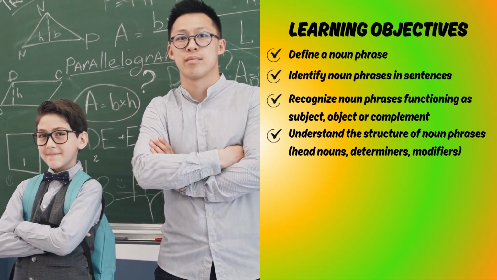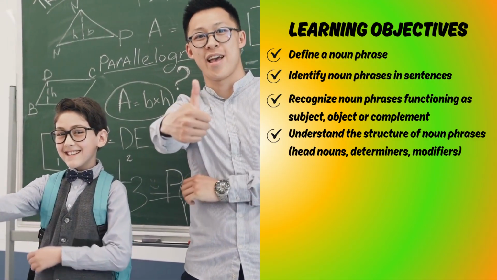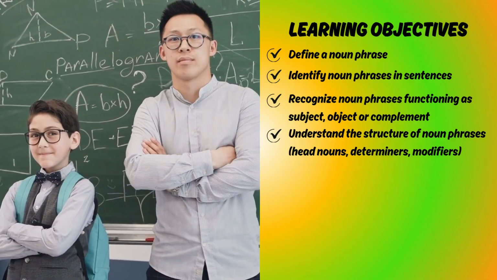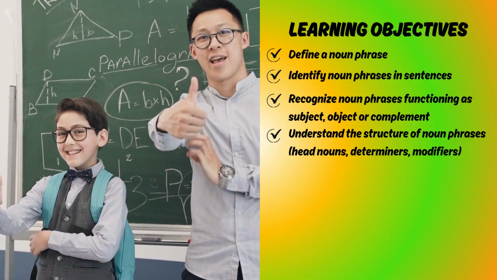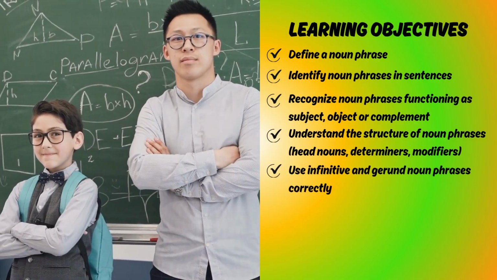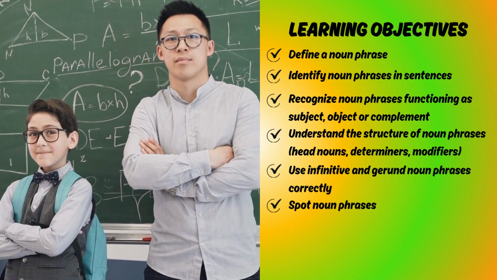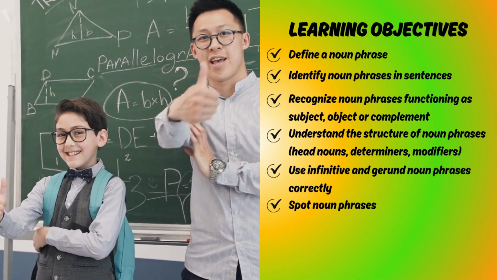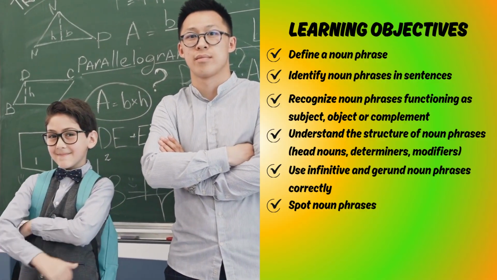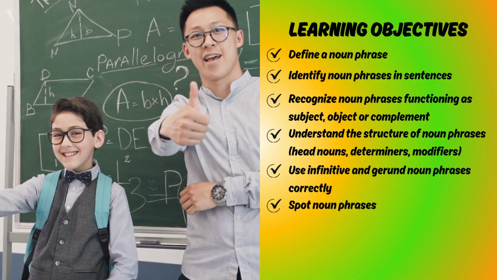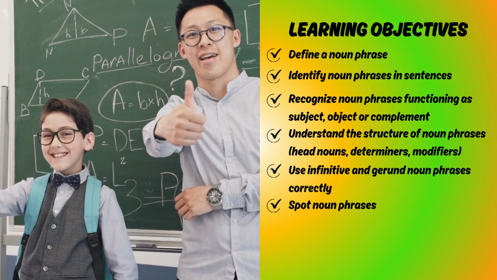You will understand how they are built. The head noun, the determiners, the modifiers, all the building blocks. 5. You will learn how to use noun phrases that come from infinitives and gerunds. And 6. You will walk away confident and recognizing noun phrases wherever they appear.